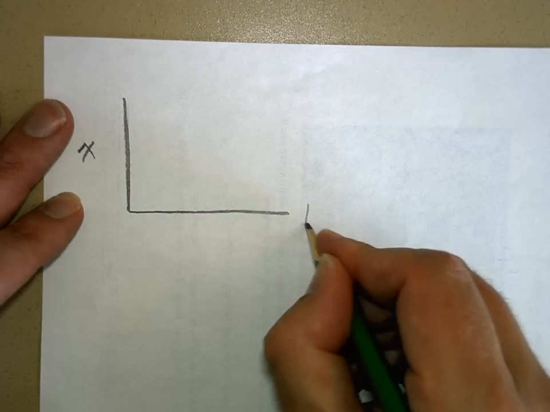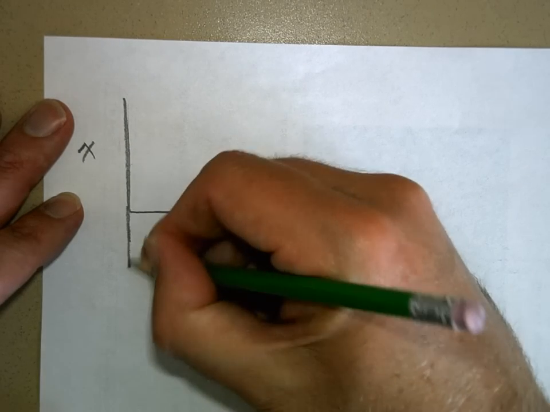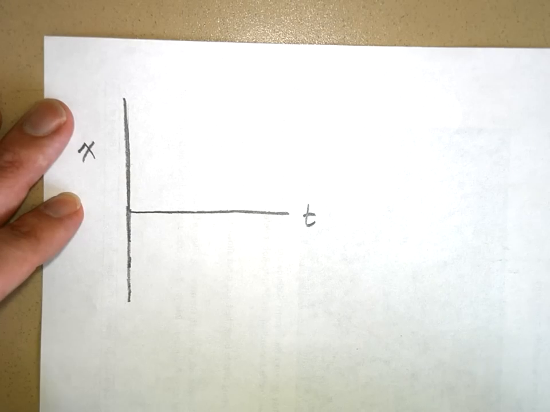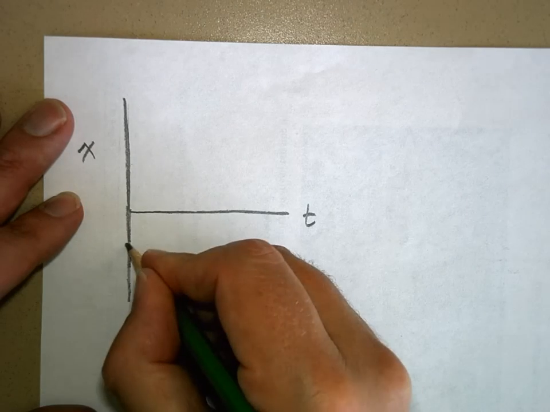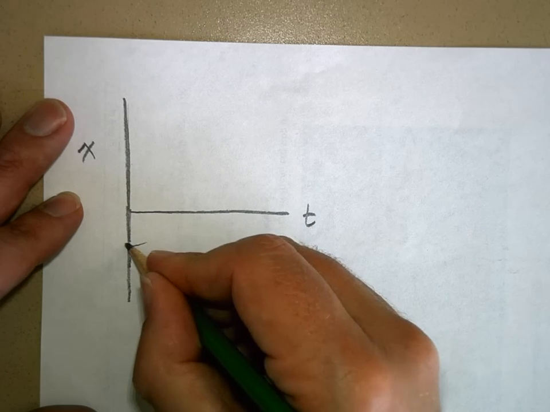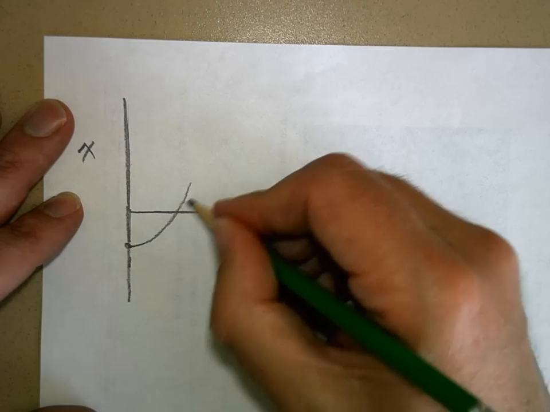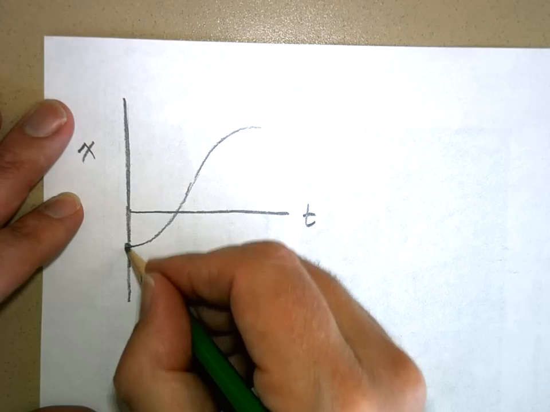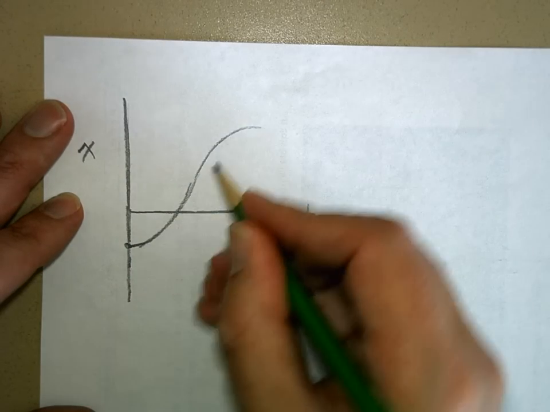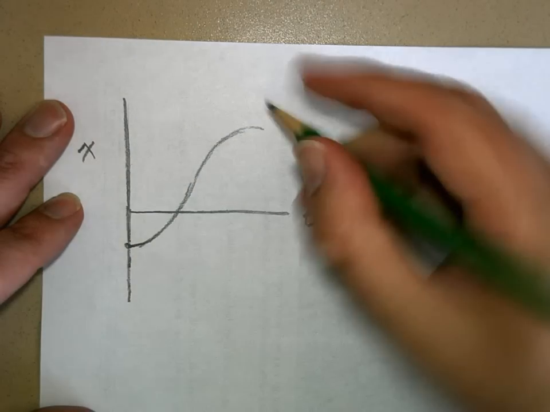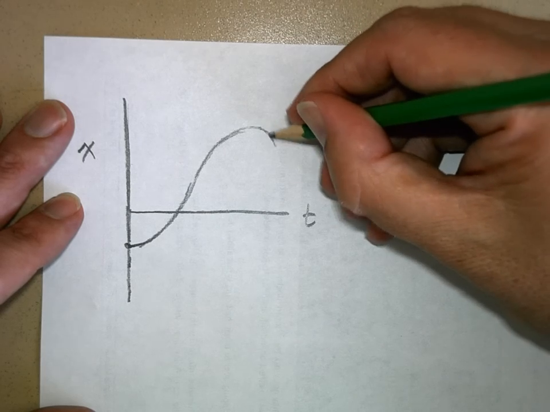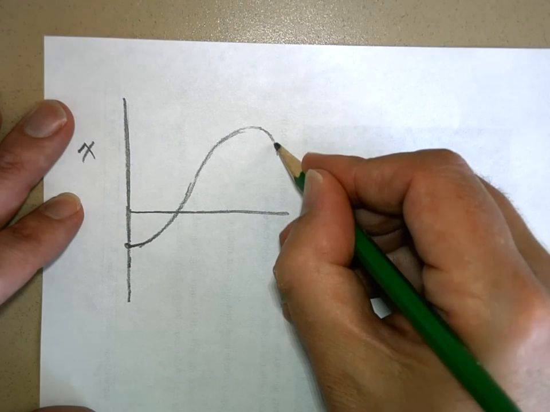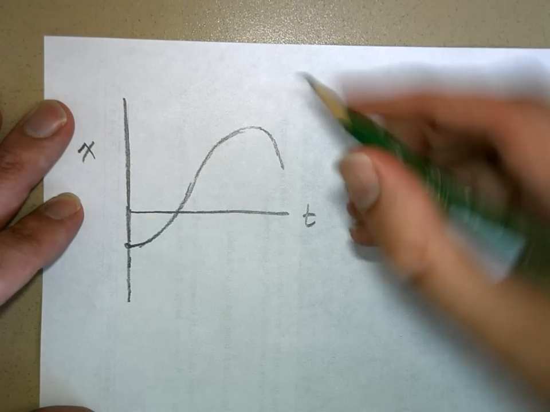You know what? I can go down here. I don't have to have a positive position all the time. So let's start here. Yeah, let's just do this. Keep it simple. Maybe I'll have it come down a little bit. Well, you know what? I'll make this a straight line.